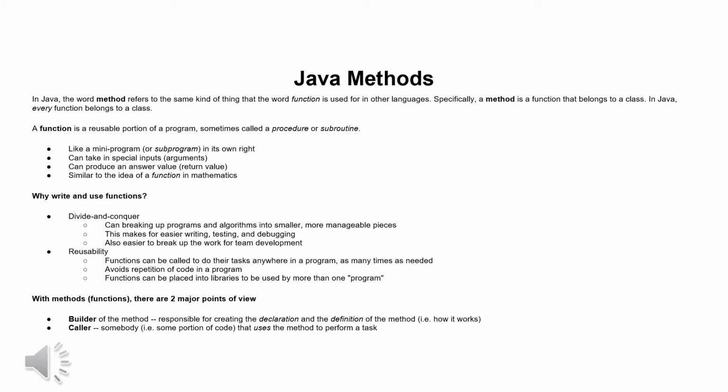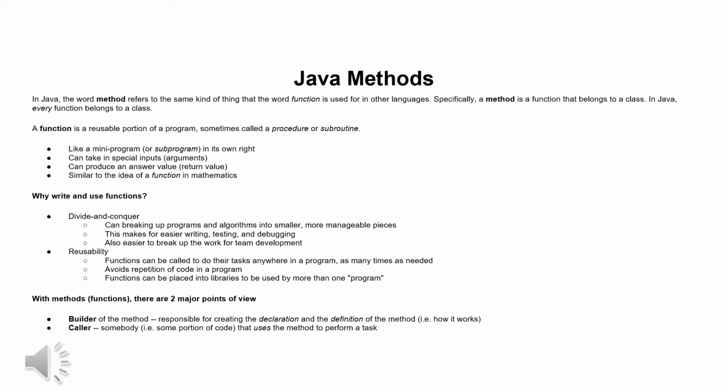When you break down your program into small pieces, writing your program is much easier. You can test your program more easily and debug it way more easily. So it's very efficient, in time and in the lines of code that you write. We call it divide and conquer.